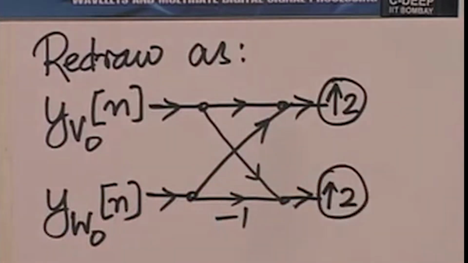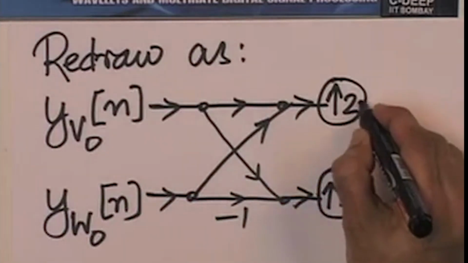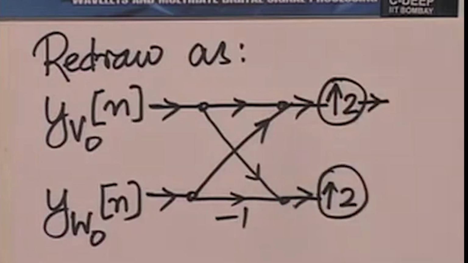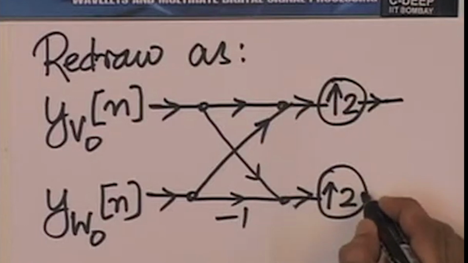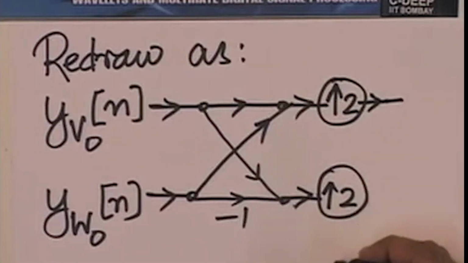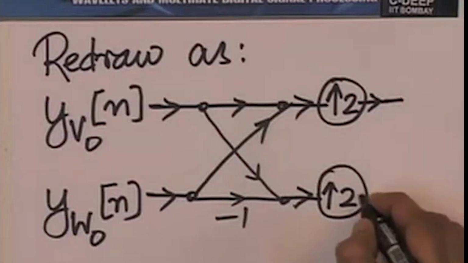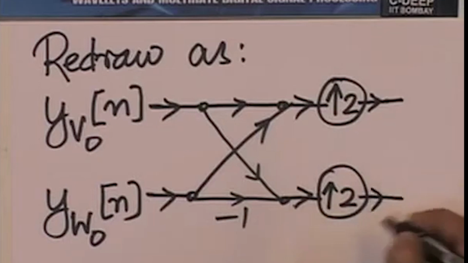And indeed, what I want to do is to pass this as it is for the even instances, but this I wish to pass for the odd instances. So, how do I express that process of passing for the odd instances? I express that by delaying this by one sample on the upsample rate.